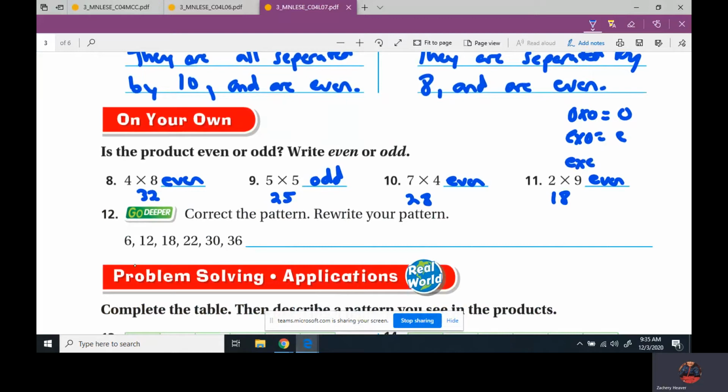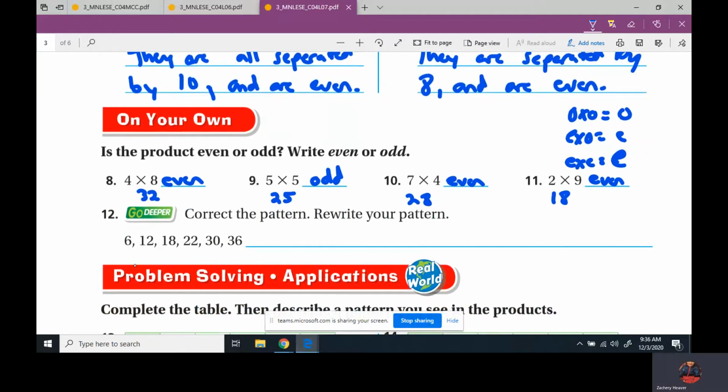And even times even equals even. So the only time we're ever going to get an odd number is if we multiply two odds together. For example, 5 is odd, 5 is odd. So odd times odd is odd. But 7 is odd and 4 is even. But odd times even makes even. Even times even makes even. The only time we ever get odd is two odd numbers.